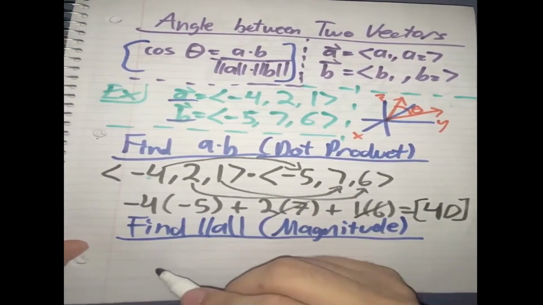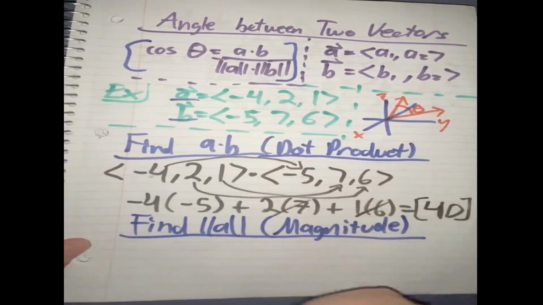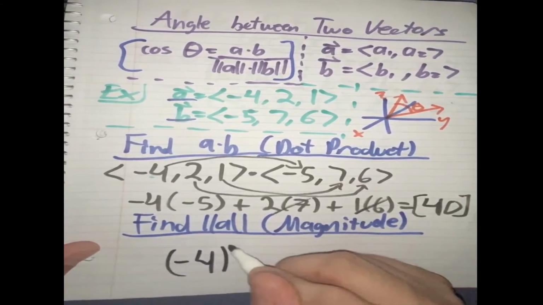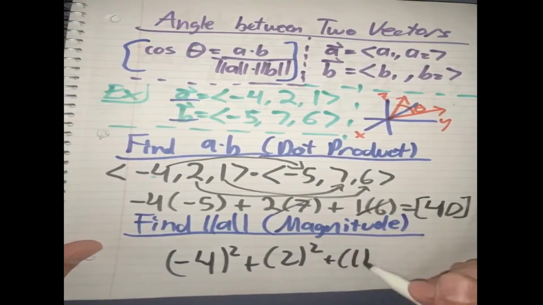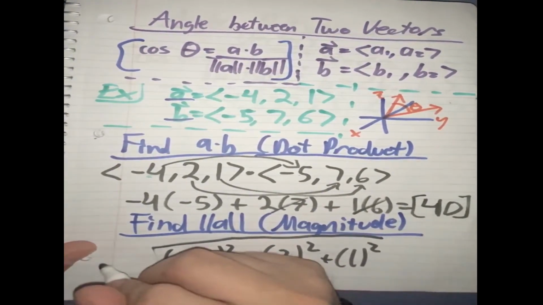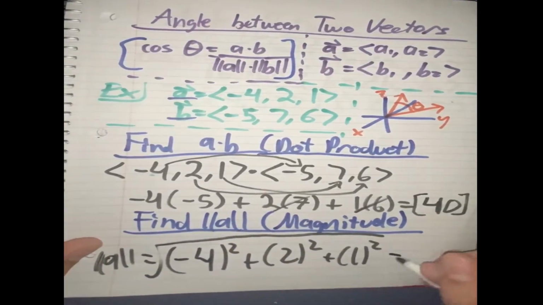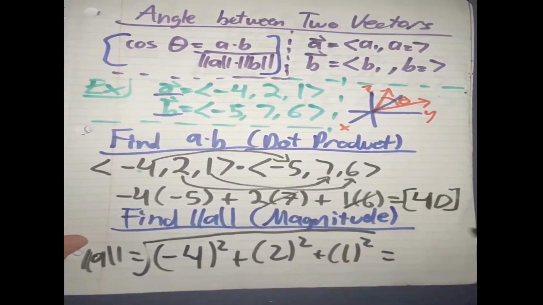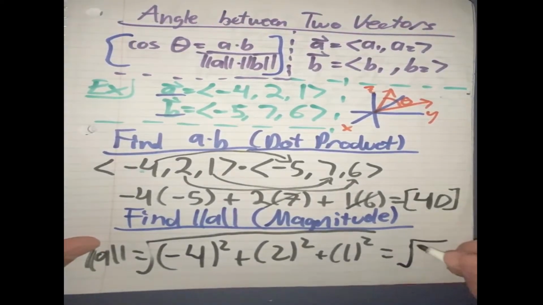We take the components of A, 4, 2, and 1, square them, and then take the square root. So 4 squared plus 2 squared plus 1 squared inside a square root is the magnitude of vector A. When we compute this, we get 16 plus 4 plus 1, which is 21. So we get the square root of 21.